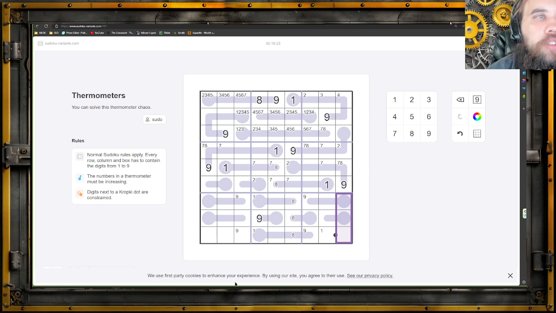That's not as big of a restriction as I want. 1, 2, 3, 4. So two could still go here or here. As soon as I can get two out of this square, that means the two would be down here. That'd be nice. Oh, actually, boom. One can't be this one. Oh, yeah, one can't be this one.